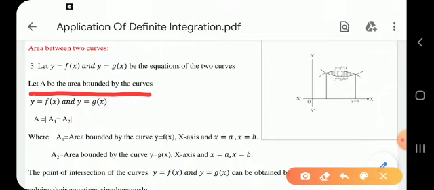We have to find this area, and to find this we consider y is equal to f of x and y is equal to g of x.